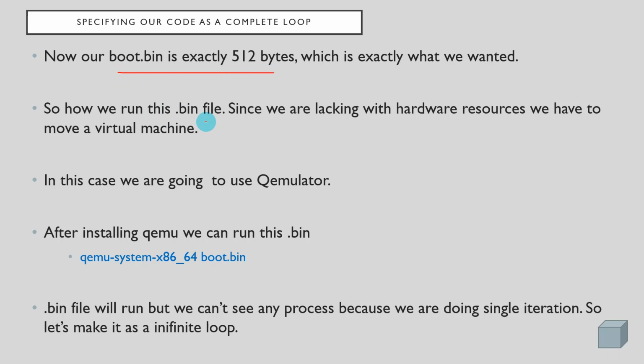Now we can run this bin file or binary file. This is the place where you need qemu-utils. As I said before, you have to install first Ubuntu, then GNU Assembler, then qemu-utils. Ubuntu we already used, GNU Assembler we already used.